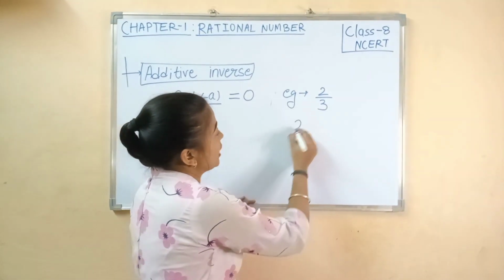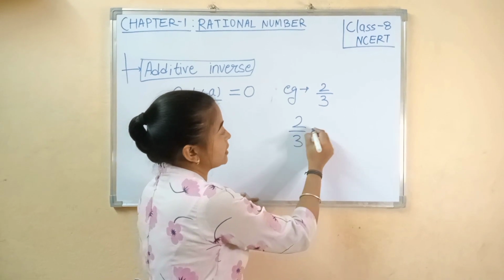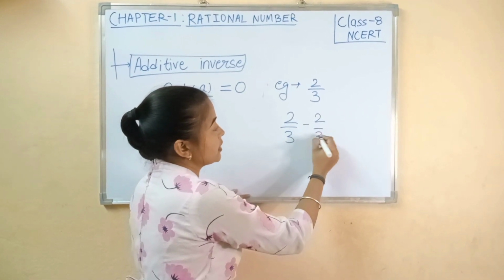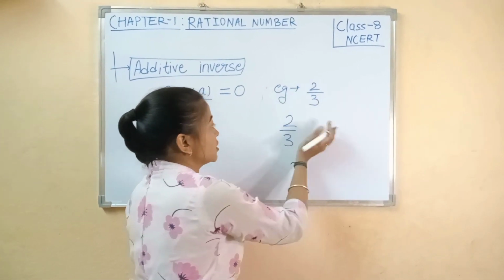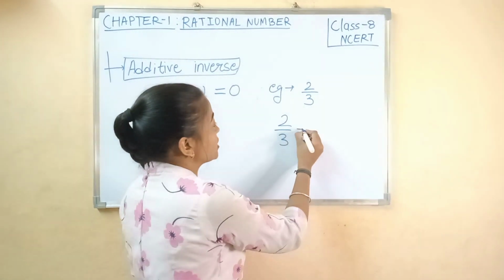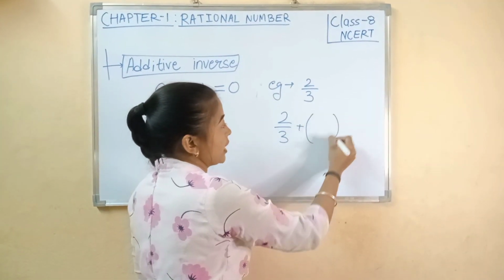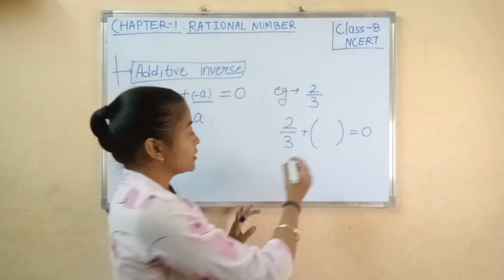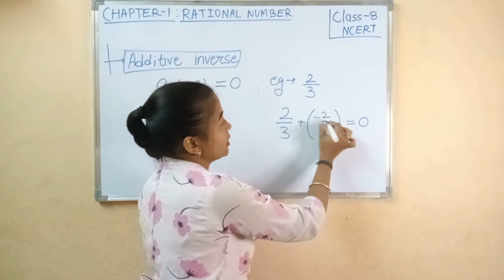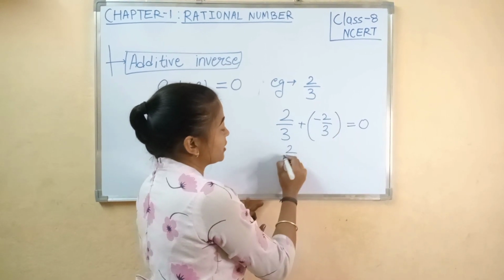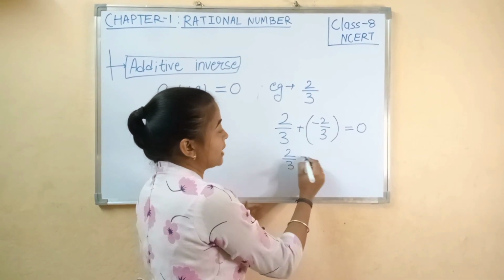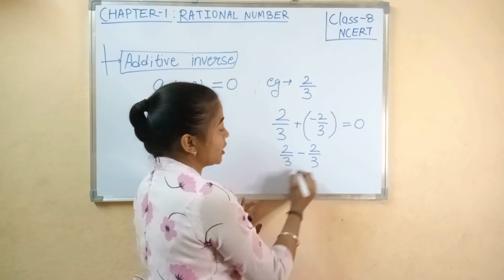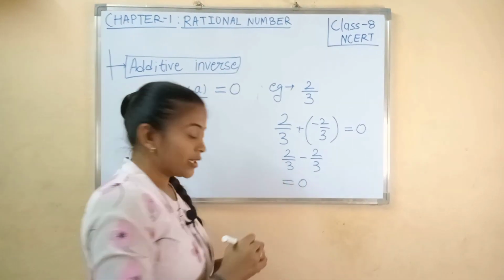So 2 by 3 plus, here I have written a bracket, equals 0. We are adding minus 2 by 3. So it's 2 by 3 plus minus 2 by 3. It became 0. So what is additive inverse?